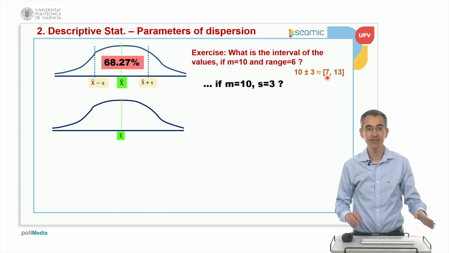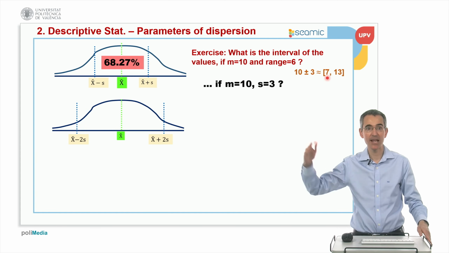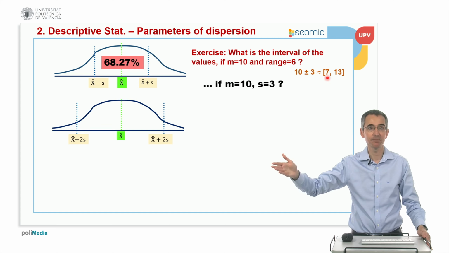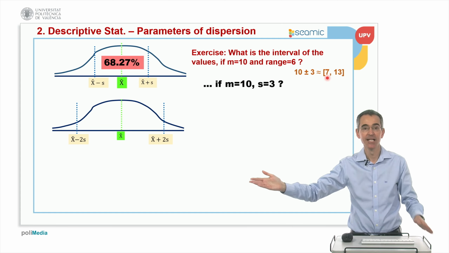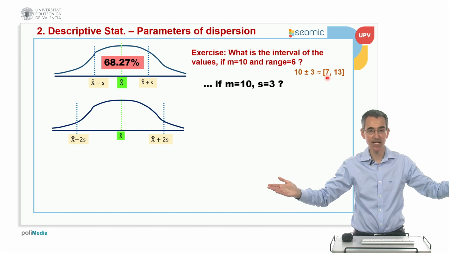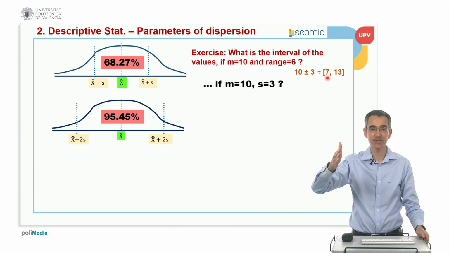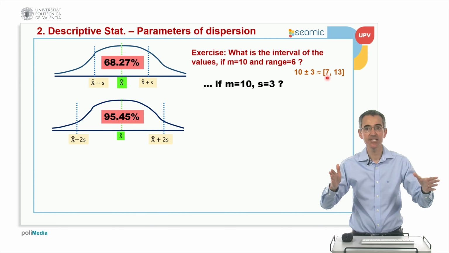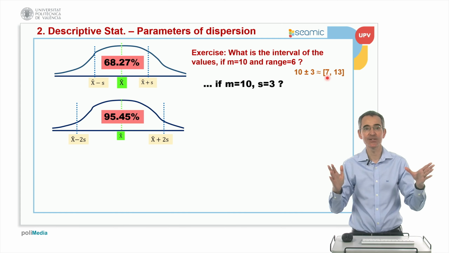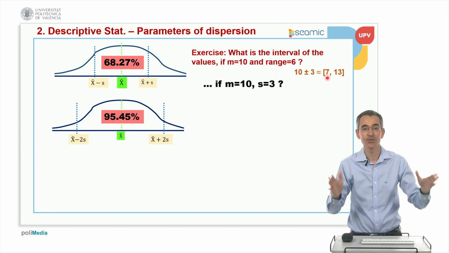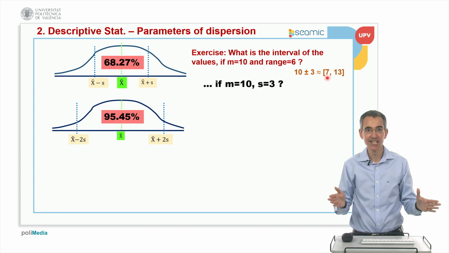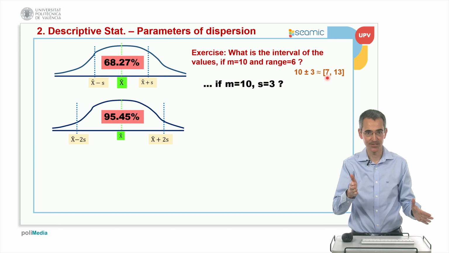But if I take the range between the average minus 2 times the standard deviation until the average plus 2 times the standard deviation, that comprises 95% of the values. And this is one of the most important rules in statistics. In this subject, this is maybe one of the most important rules.